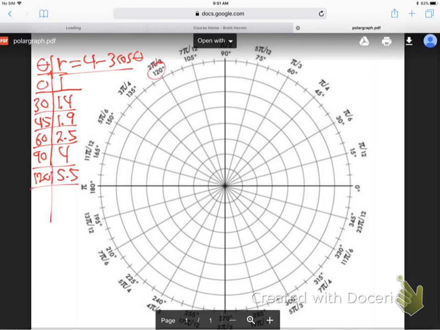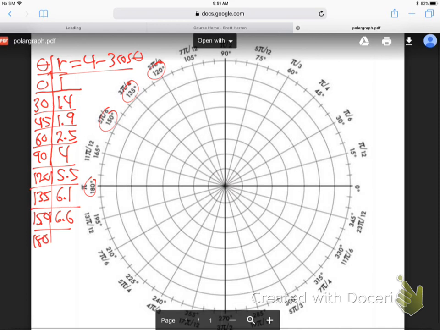So I did 120, I'll do 135. I'm getting 6.1. They're getting bigger. It's kind of funny. 150. I think I'm going to go all the way to 180. 4 minus 3 cosine 150, I'm getting 6.6. They just keep getting bigger. They're slowing down though, looks like.